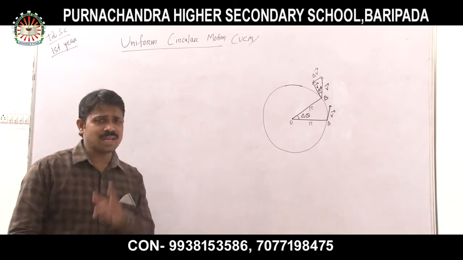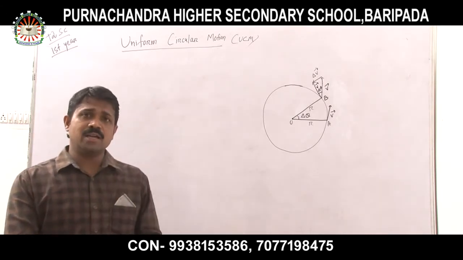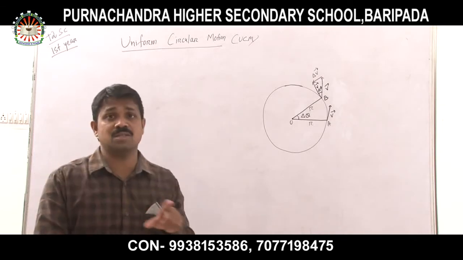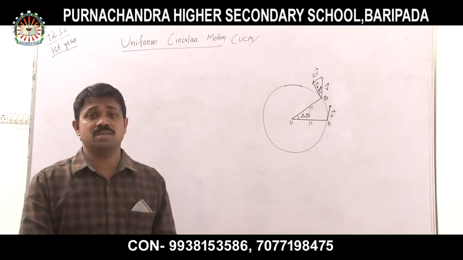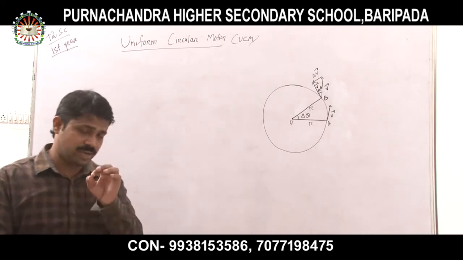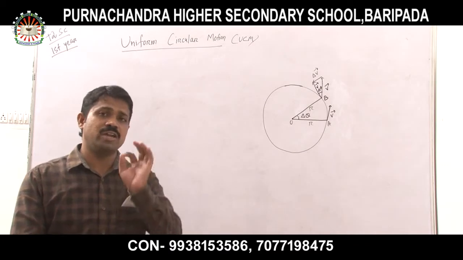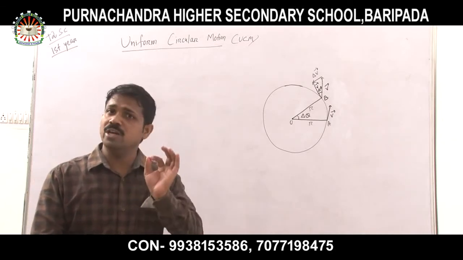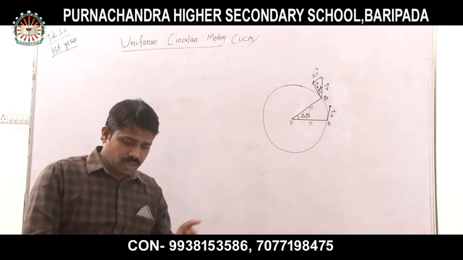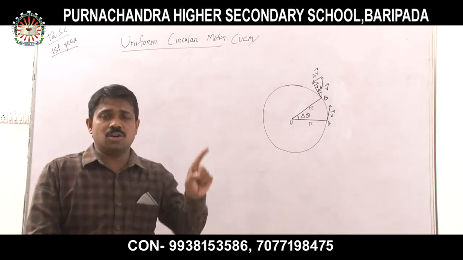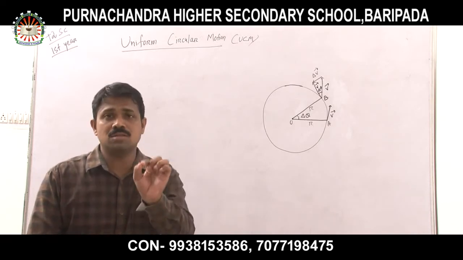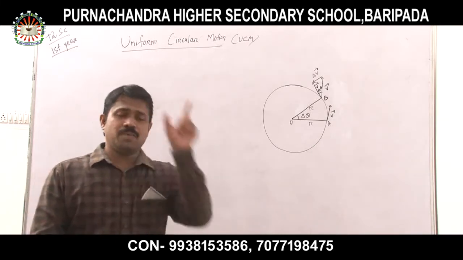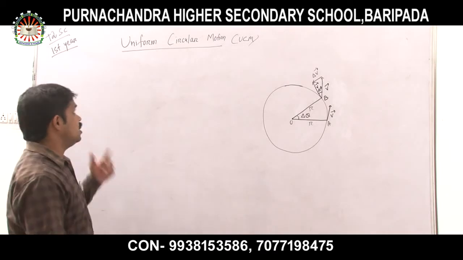The definition is that when an object is rotating or revolving along the circumference of a circle with constant linear velocity, there is a very important point, then that type of motion is called uniform circular motion. The linear velocity must be constant.